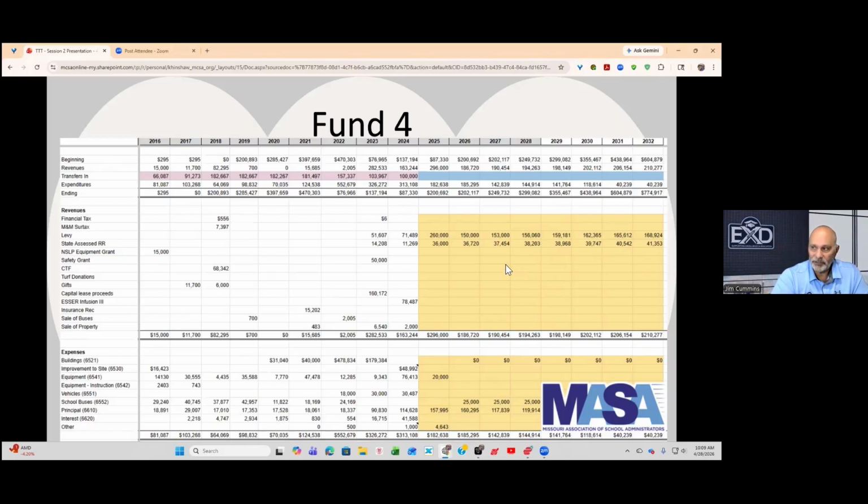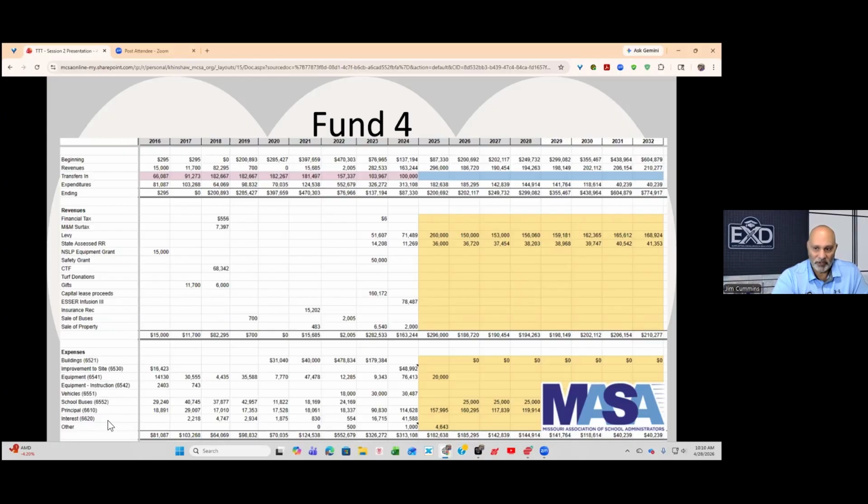And I needed to project this out because you're not just planning for this year, you're planning for future years when you're talking about Fund 4. But this is helpful to understand what you need transfer-wise in order to maintain at least a zero balance in Fund 4, which is a requirement.